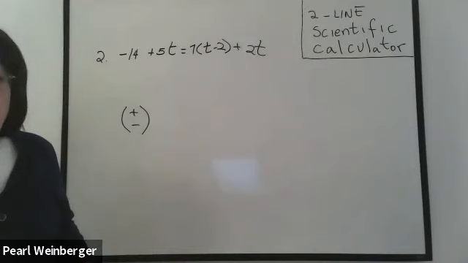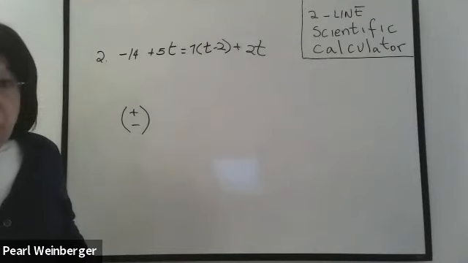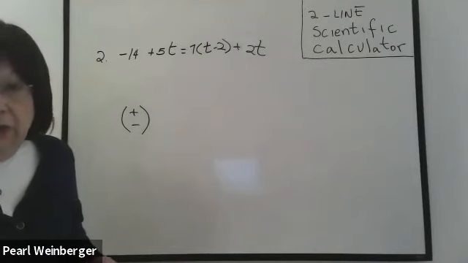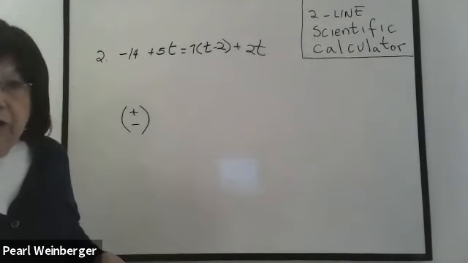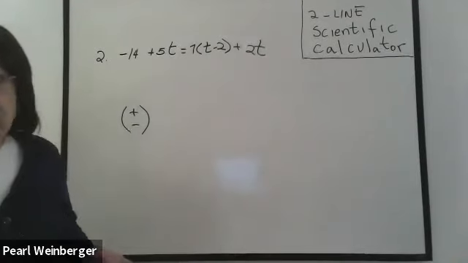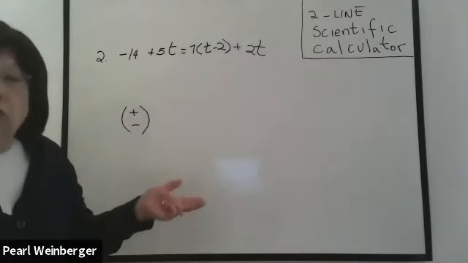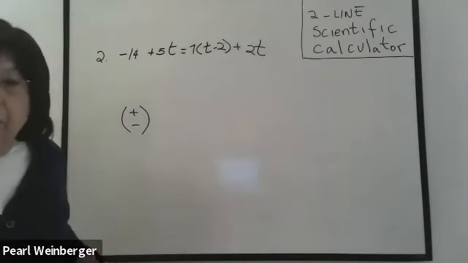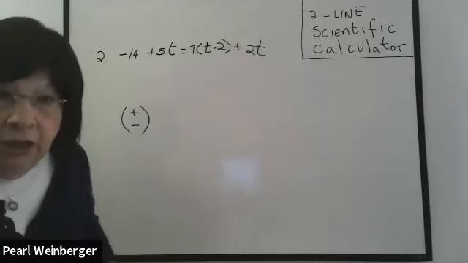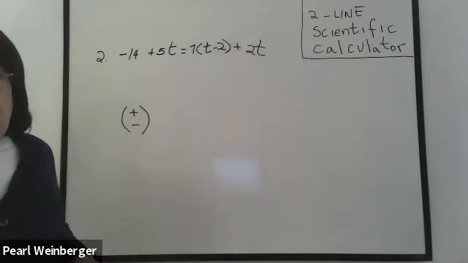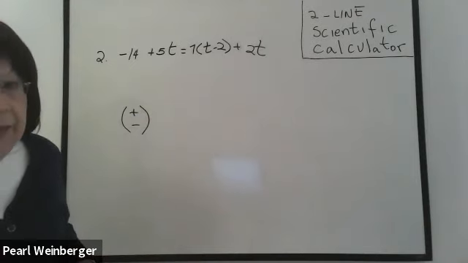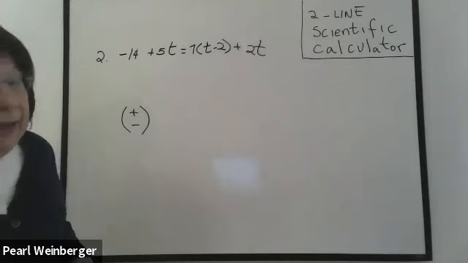Towards the end of the term, we're going to be touching on topics like trigonometry and exponential functions and logarithmic functions. This might sound like total Greek to you now, but by the end of the term, we're going to be doing things that make the calculator not only optional but absolutely necessary.